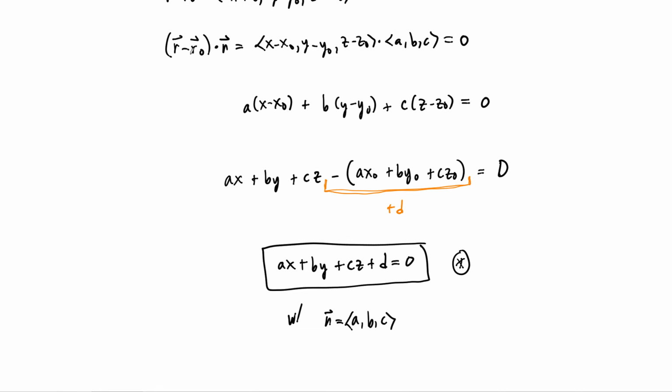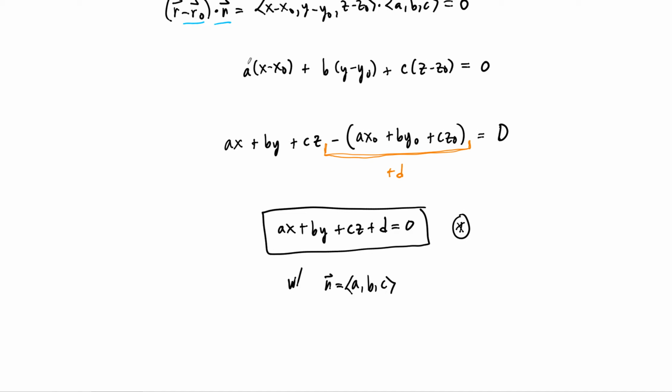So it's exactly this term, minus n dot r naught, or r naught dot n. And so d is equal to minus n dotted with r naught, where r naught is your initial point on the plane. If you take this all together, then you have all the information you need about the plane.